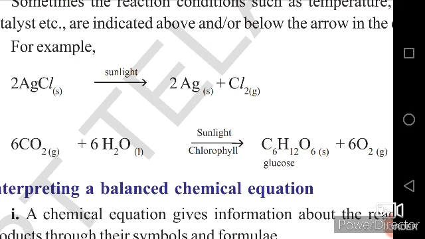In the presence of chlorophyll, CO2 and water are used in the presence of sunlight to produce glucose. Plants which are not green in color will not produce glucose. Why? Because of the absence of chlorophyll. So these are the characteristics of the reactants and products.